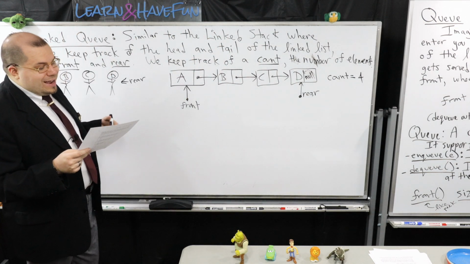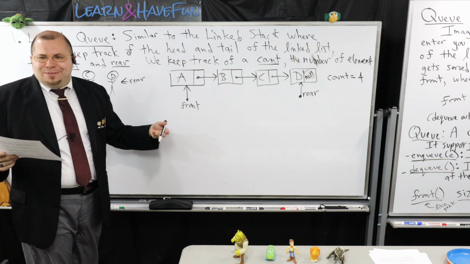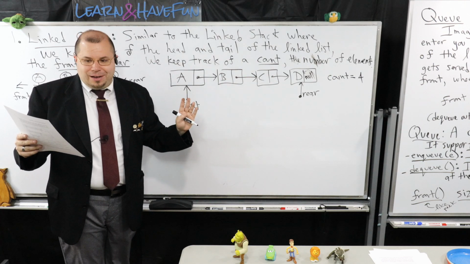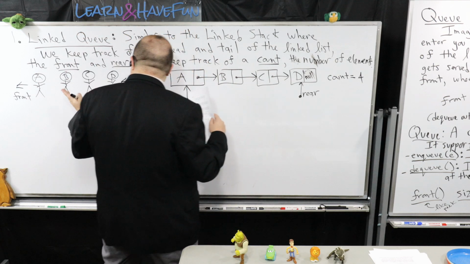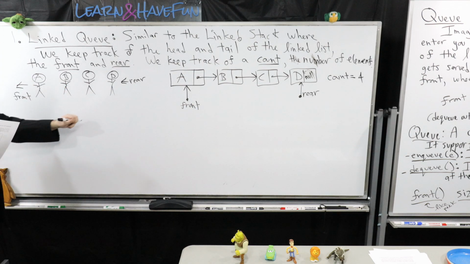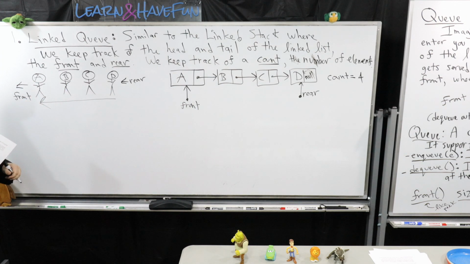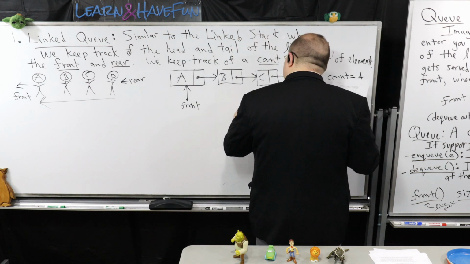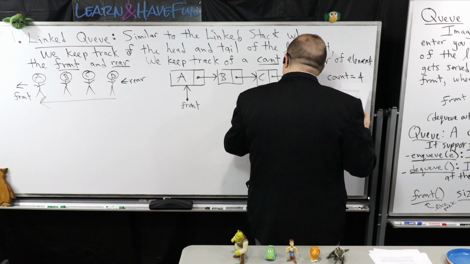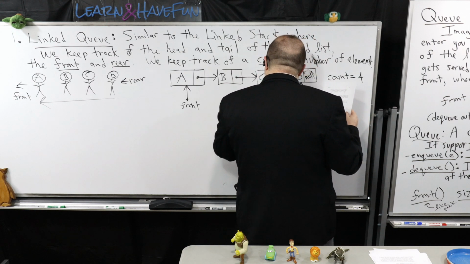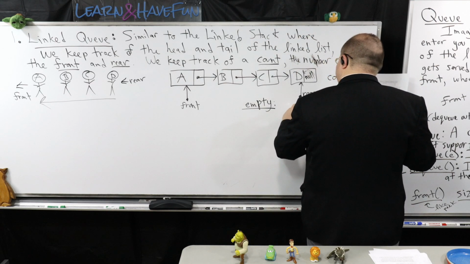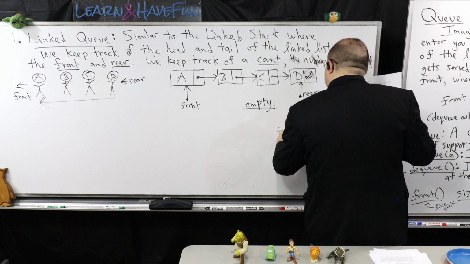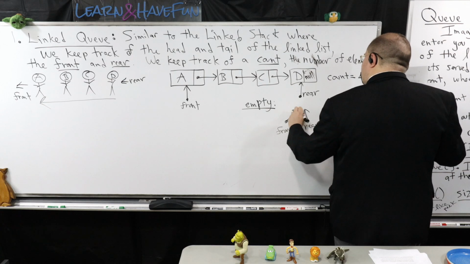Now you might ask, okay, what does an empty linked queue look like? So I thought I would draw you a picture of what that might look like. I must note that when you just initialize the linked queue, when it's empty, you have front and rear, and they're just going to be pointing at null.